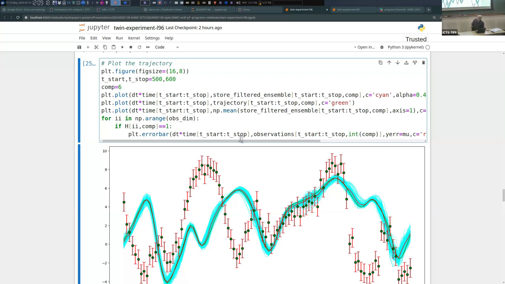Maybe I did not apply it. No, the observations have to be around the trajectory. So there is a problem with the plotting of the components. This is purely a plotting problem.